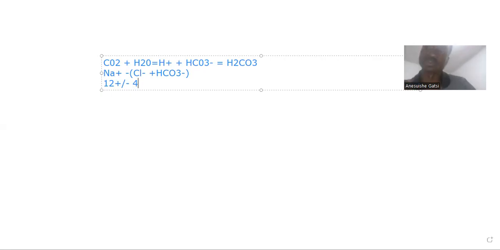When it's high, it's going to pull the reaction towards the left, towards carbon dioxide and water, and that decreases H plus ions. Then you end up with an alkalosis, because remember, pH is just the negative log 10 of that H plus concentration. If you remember your chemistry, I haven't done that in a while, but just need to remember that, right?